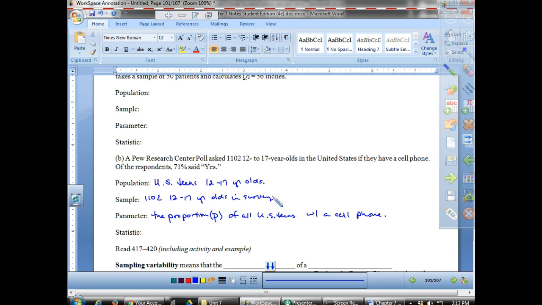And the statistic is the proportion, P hat, which equals 0.71 of the 1,102 surveyed who have a cell phone.